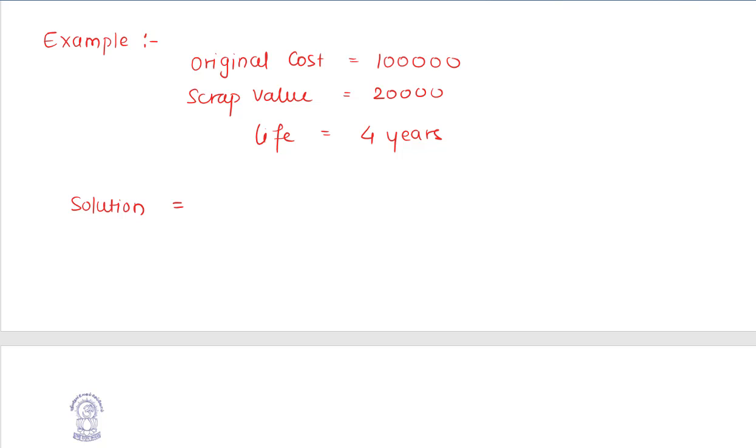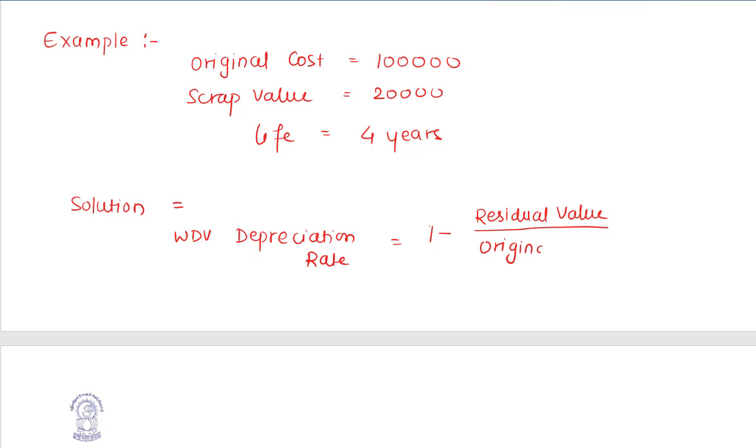So first write the formula of depreciation. WDV depreciation rate is written as 1 minus residual value, that is scrap value, divided by original cost, and this whole is raised to 1 by life of the asset.